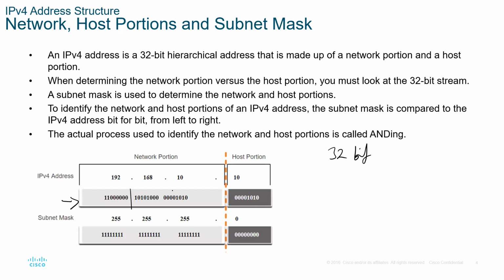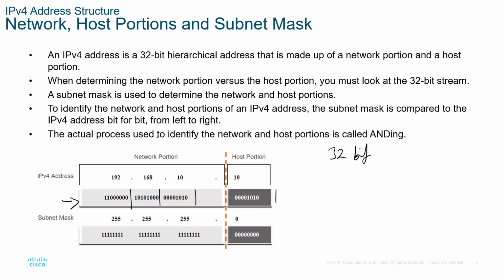It's divided into 1, 2, 3, and lastly, this is the 4th one. And of those 4 groups, there are 8 bits in each of those 4 groups. And the 8 bits represent a number which is decimal so that we can be able to read what the IP address is.